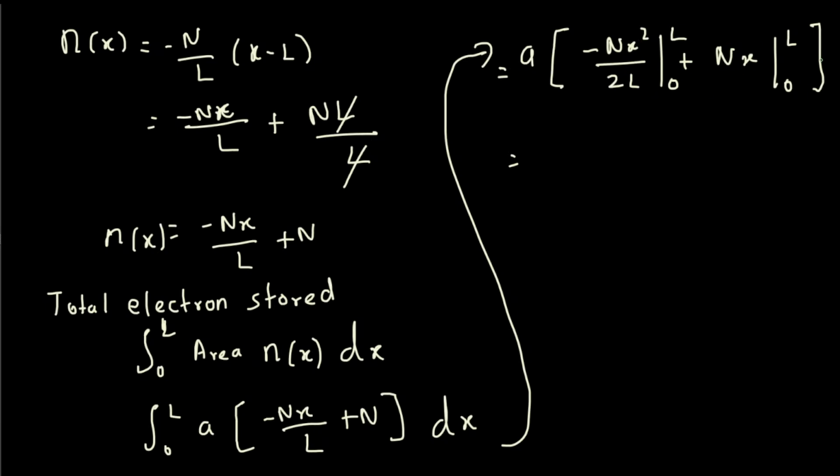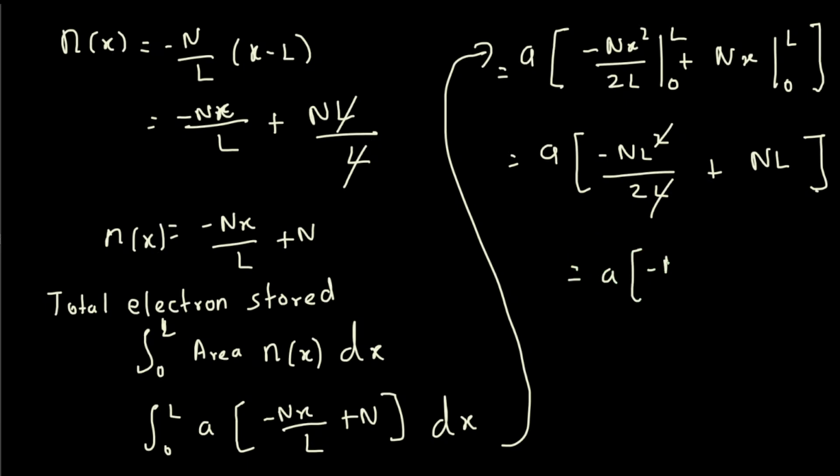So the minus part is gone. So only the upper limit plugs in right here. So this is going to become minus nL squared divided by 2L, and this one is going to become nL, and that's it. And we can simplify, this L squared and this L cancel. So this is going to be A times minus nL divided by 2, and here we have nL.